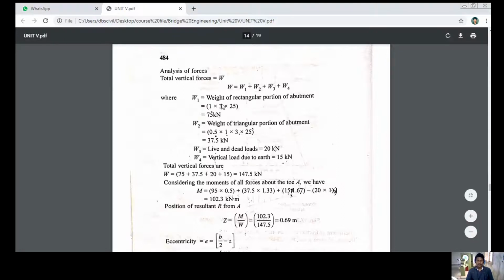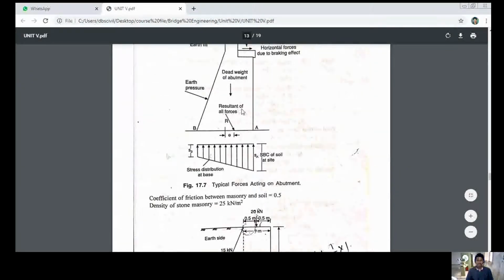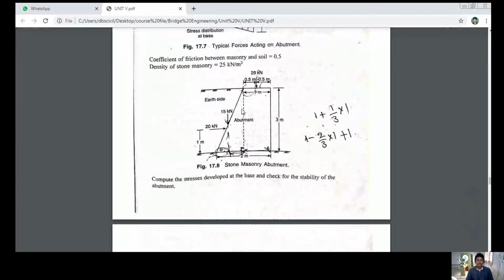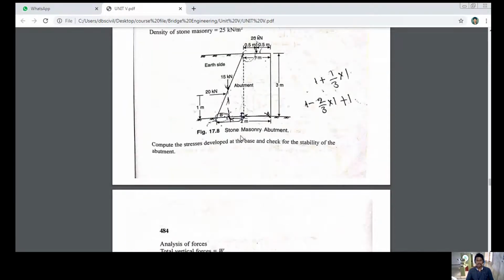Okay, let's see the diagram. This is W1. The rectangular portion of the abutment is W1. It is 1 into 3 into 25. Here we can check the dimensions.